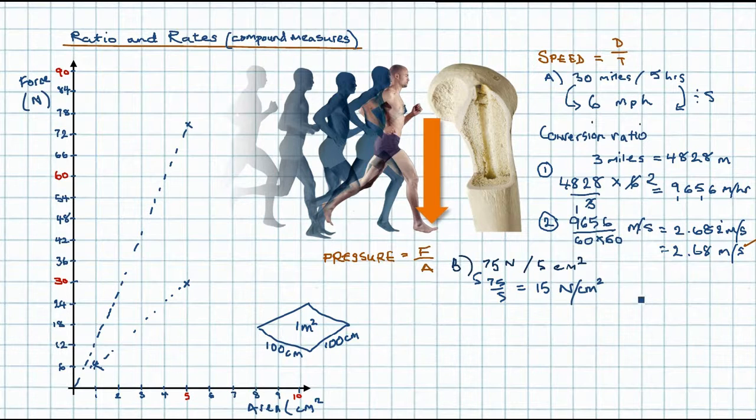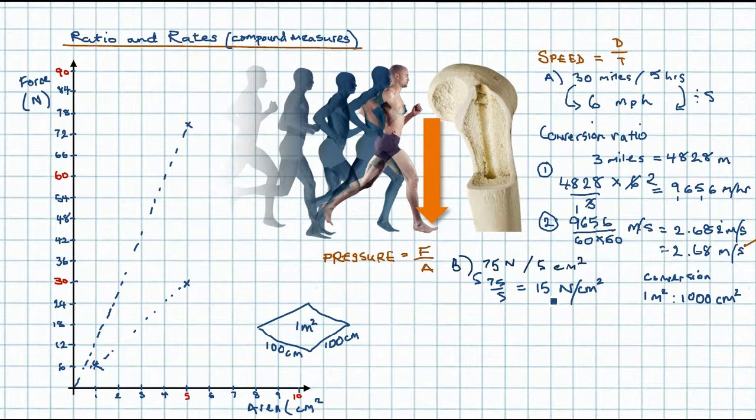So my conversion rate to get me from square centimeters to square meters is going to be divided by 10,000. So it's going to be 1 square meter to every 10,000 square centimeters. So just jot down your conversion rate there so that you don't make any mistakes.